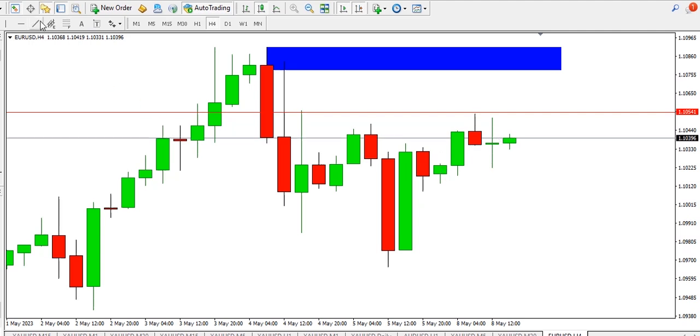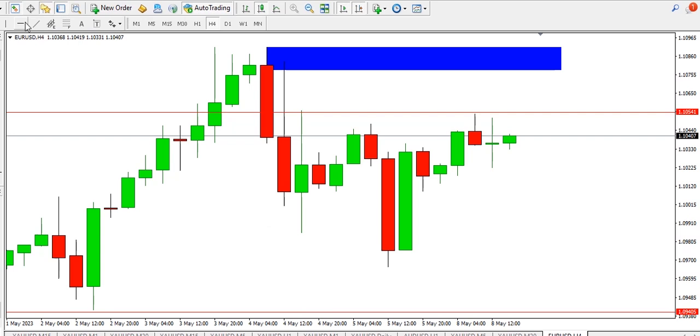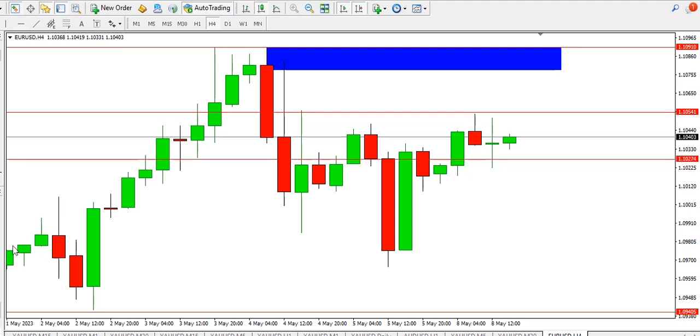Looking at this chart, this is the lowest part and this is the highest part, and you can see that price is hovering above the middle of the chart. So price is more likely to go up. It's bullish, so you look for buying opportunities.